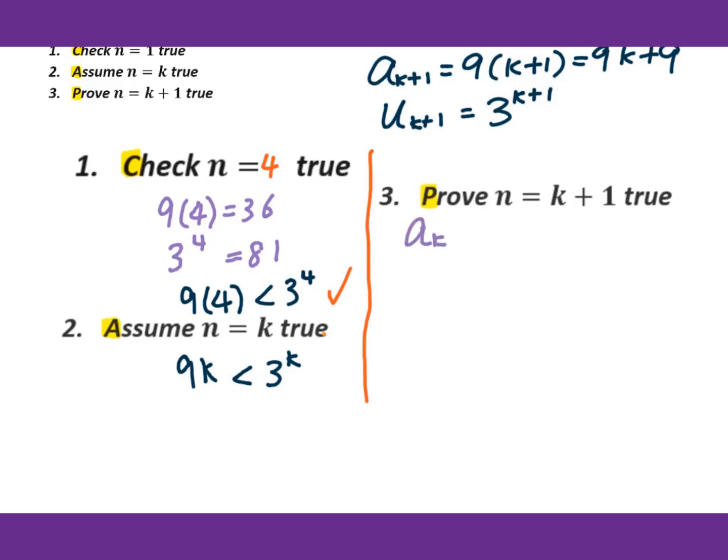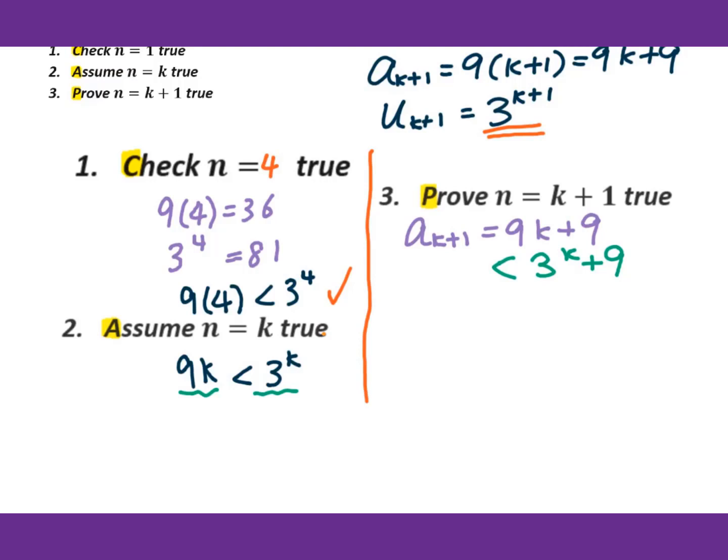A sub k plus 1 equals 9k plus 9. We know 9k less than 3 to the kth power, so I can write down it's less than 3 to the kth power plus 9. We want to prove a sub k plus 1 less than 3 to the k plus 1's power.